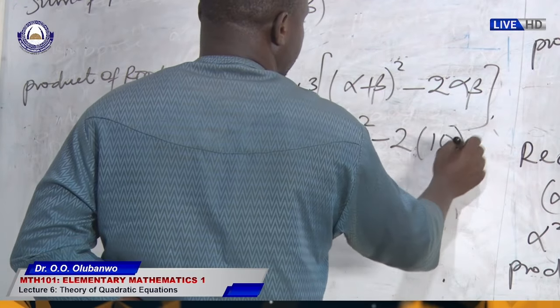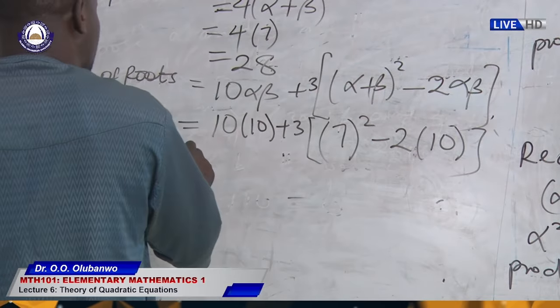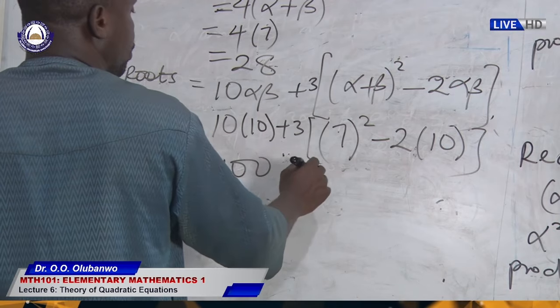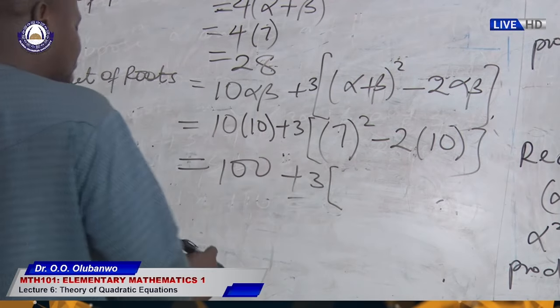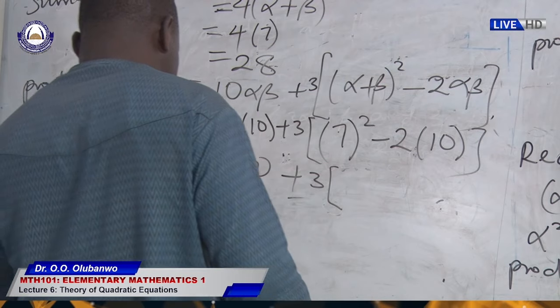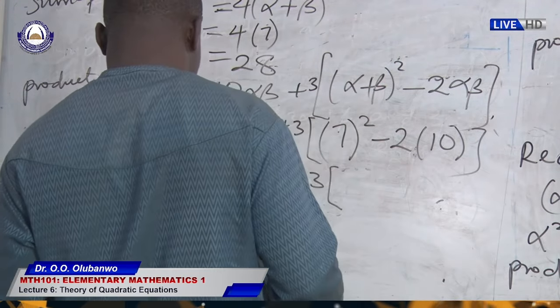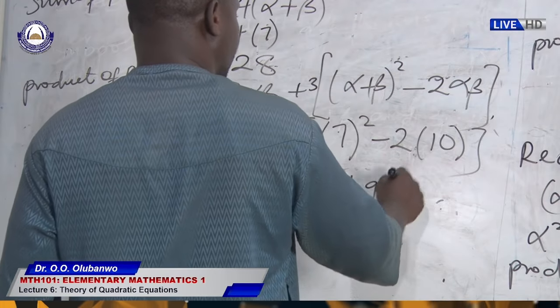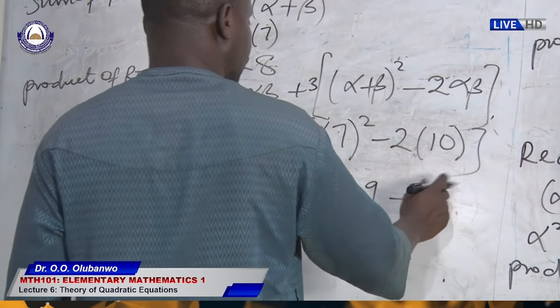So this gives us 100 plus 3 into bracket 7 squared, which is 49, minus 2 times 10, that's 20.